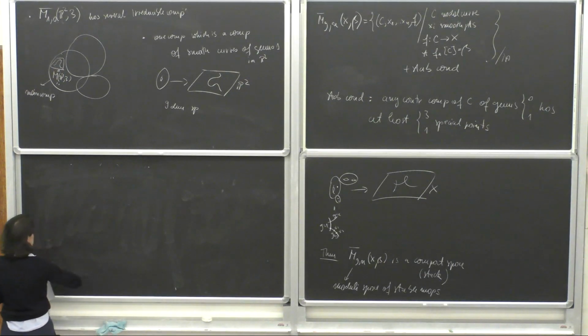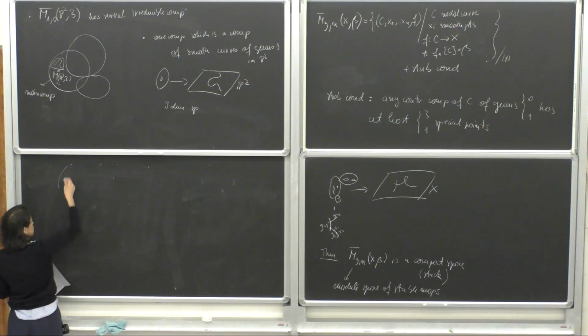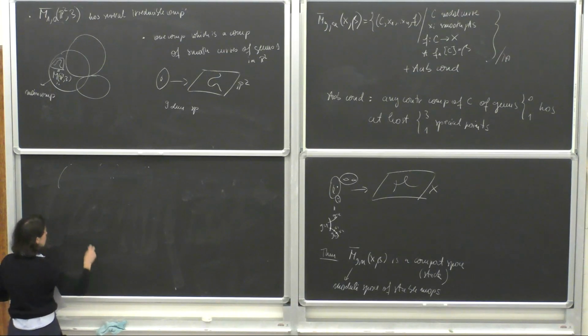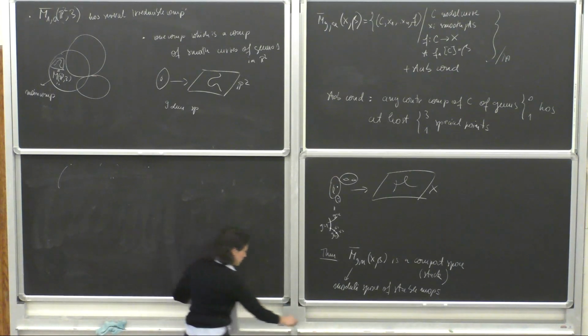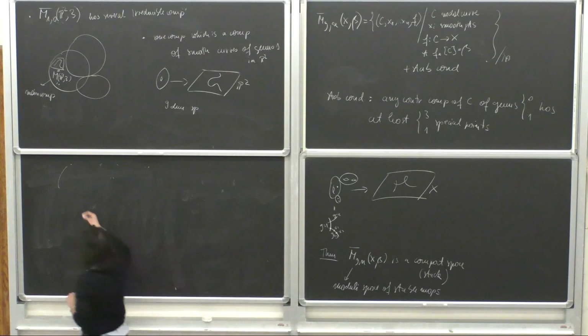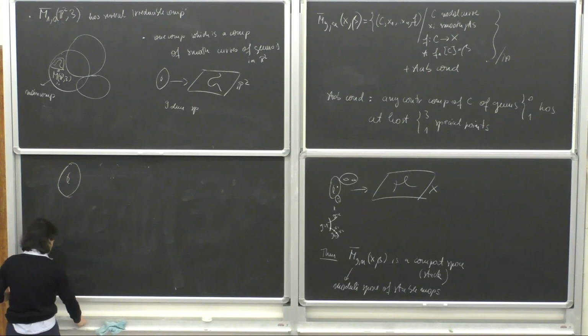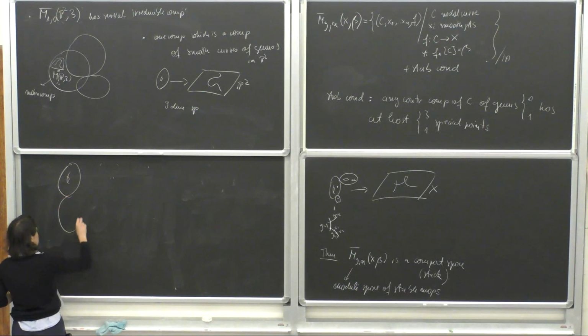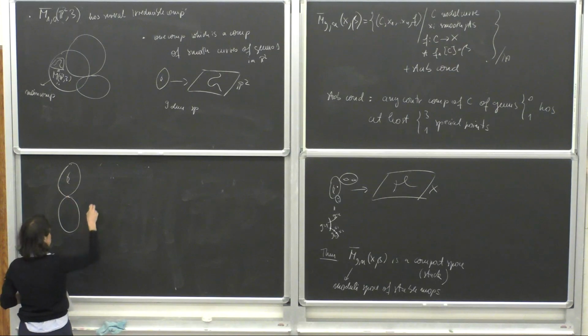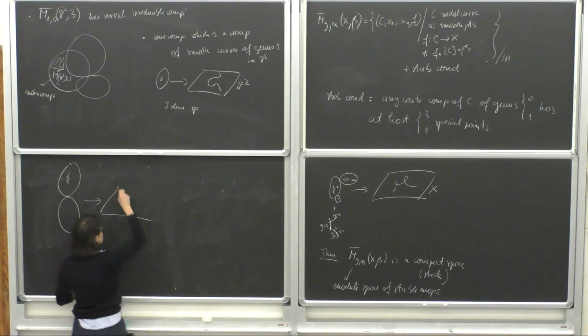But then I also have curves where I have a genus 1 curve, and I glue it to a genus 0 curve, and I send this to P2.